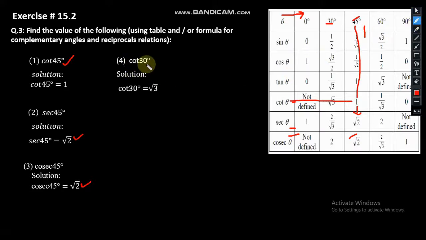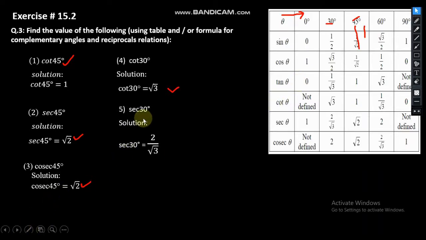Cot 30 degree. Here cot 30 degree is equal to under root 3. Now next question. Sec 30 degree. We can see here sec 30 degree is equal to 2 upon under root 3. Okay. Now next question.